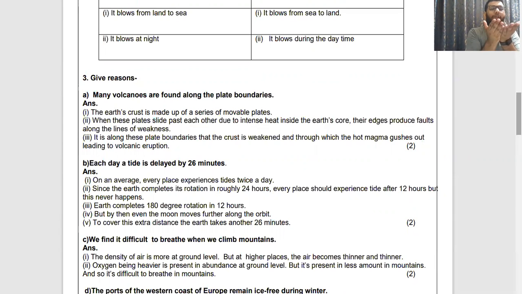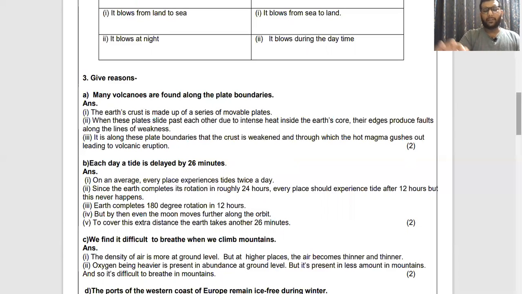It is along these plate boundaries that the crust is weakened and through which the hot magma gushes out, leading to volcanic eruptions. This usually takes place wherever the plate boundaries are the weakest. So these 3 points will fetch you full 2 marks. Read the wordings, use them, and that will help you to score marks.